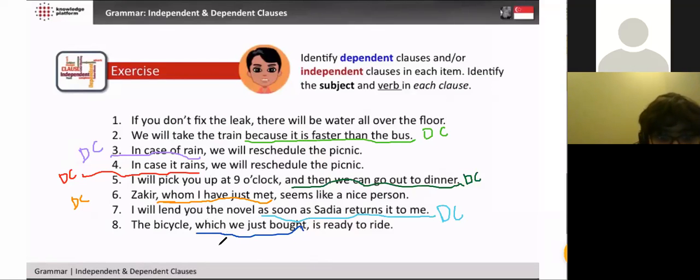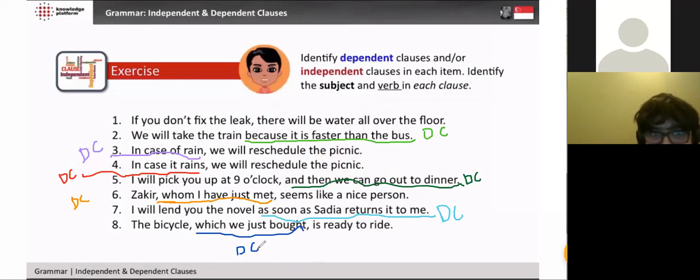Idea complete. Which we just bought. Is the idea complete? The bicycle is ready to ride is independent. Which we just bought is the dependent clause.